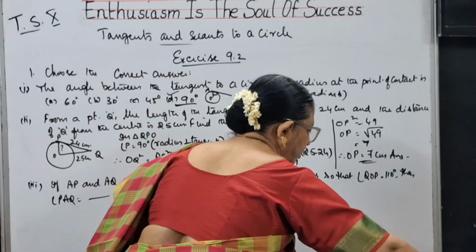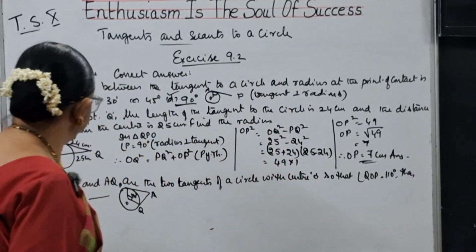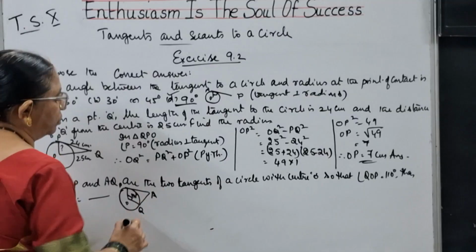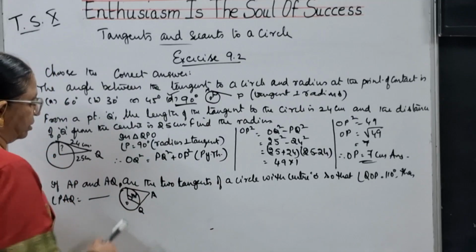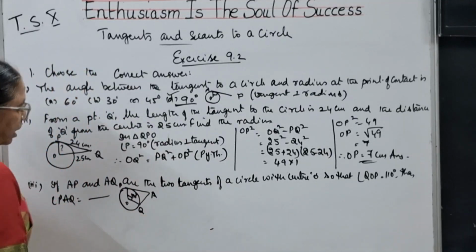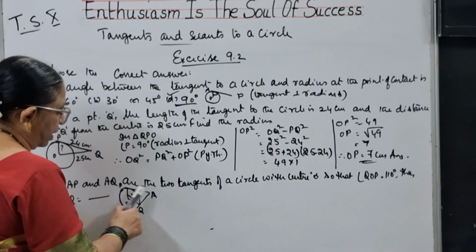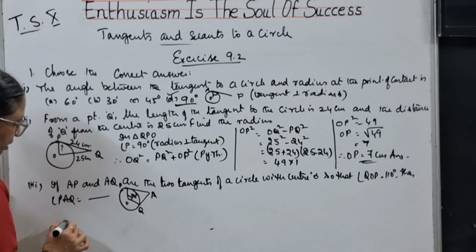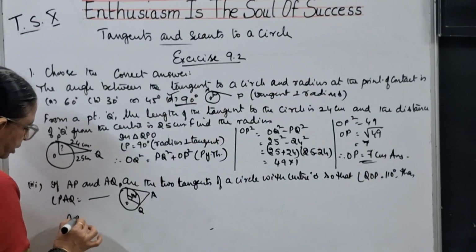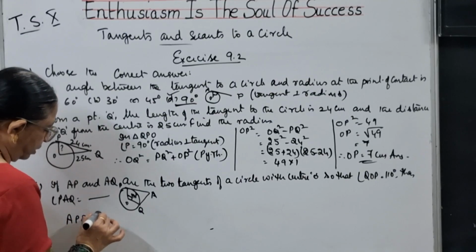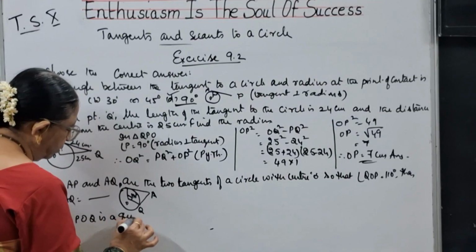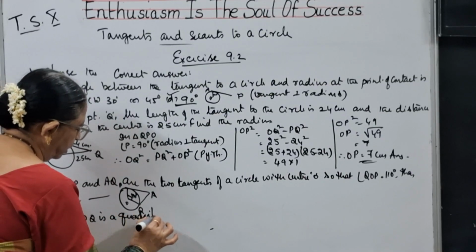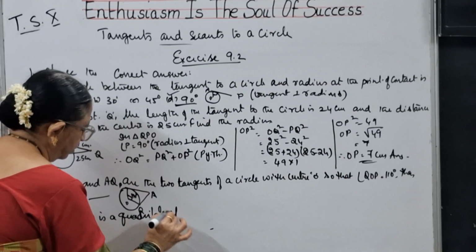Now let us see the next one. AP and AQ are two tangents of a circle with center O. Angle QOP is 110 degrees. Now what is angle PAQ? They are asking. See children, we can consider APOQ as a quadrilateral.